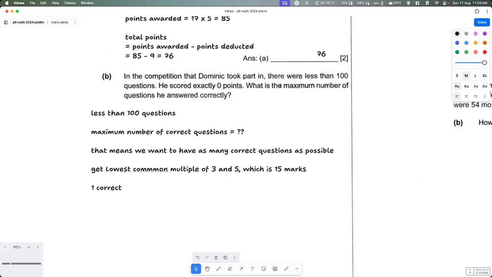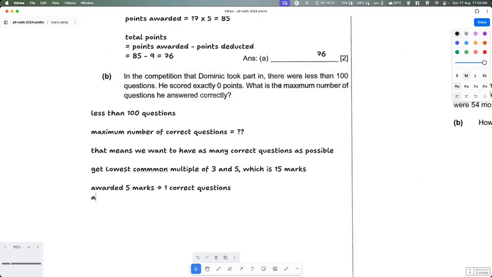So one correct question is equal to add 5 marks, right? So that means we want to have 15 marks, or awarded marks, right? Okay. Awarded 5 marks is equal to one correct question.